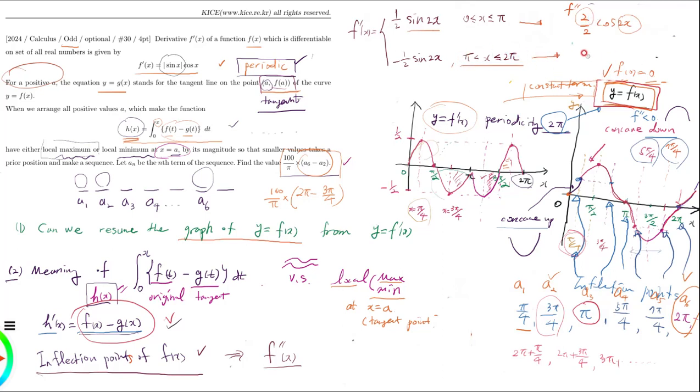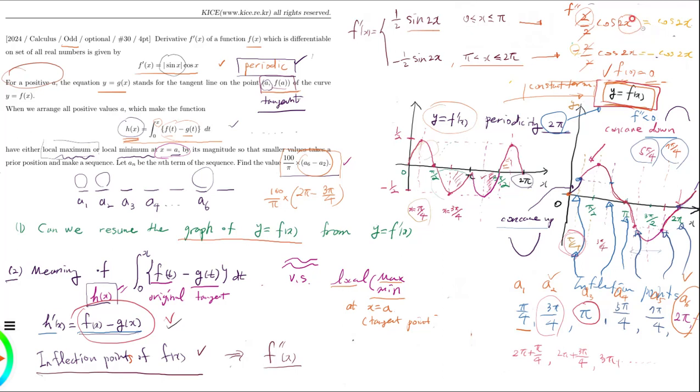In this domain we have cosine 2x, and then this constant factor disappears here, minus here, minus cosine of 2x here.